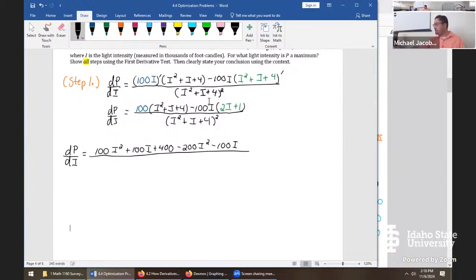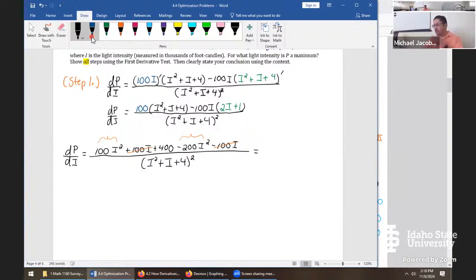So that's our entire numerator so far. Copying down the denominator, I squared plus I plus 4 to the power 2. This gives us a couple quick cancellations. We can now eliminate negative 100i, so those are gone. Got a cancellation, but these are like terms here and here.